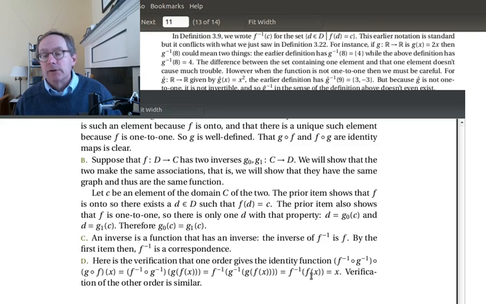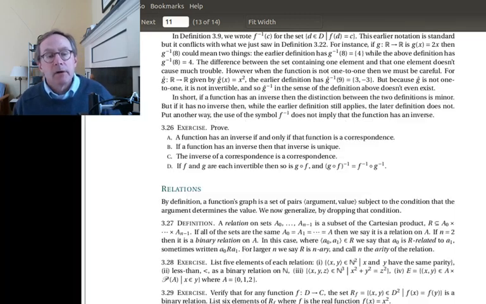The g and the g inverse cancel each other, the f and the f inverse cancel each other, and you're looking at x. Once you have a formula verifying that it provides the necessary inverse, it's very straightforward.